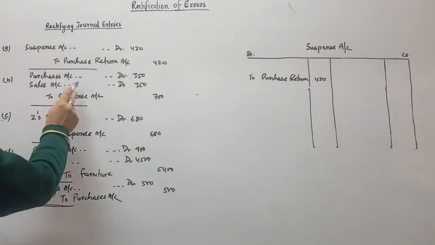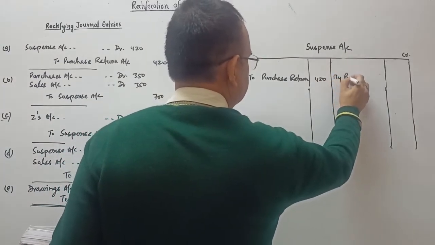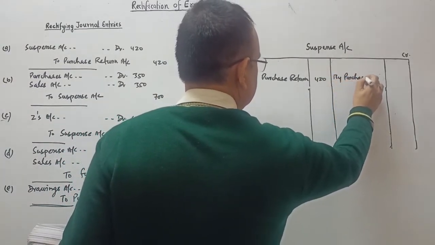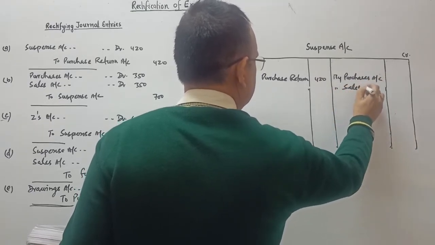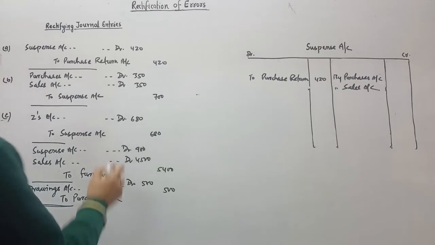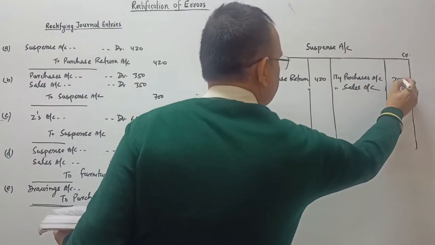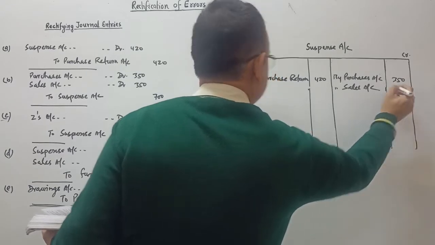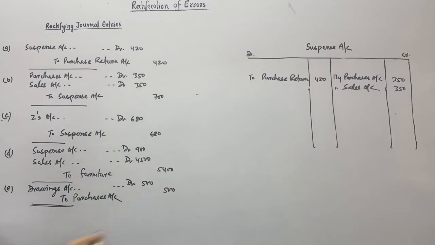What will you write? On this side you write by purchase, by sales account. So by purchase, by sales, 350 and 350. Next, suspense is on credit, so posting will be on the credit side.